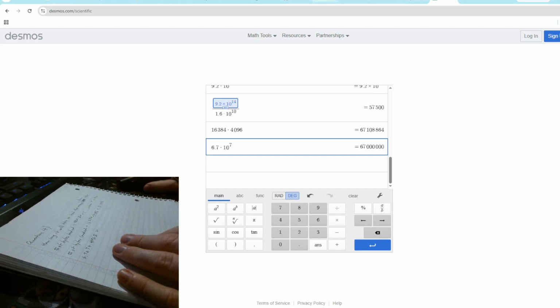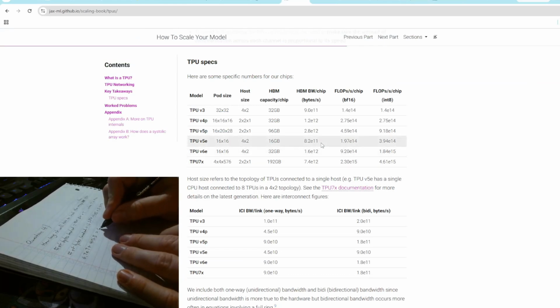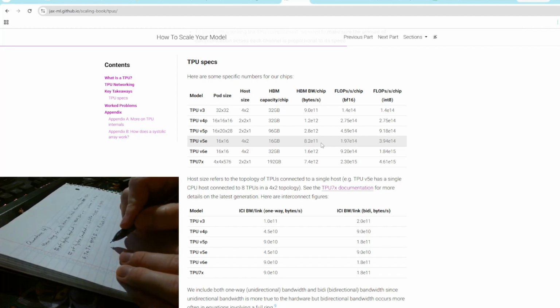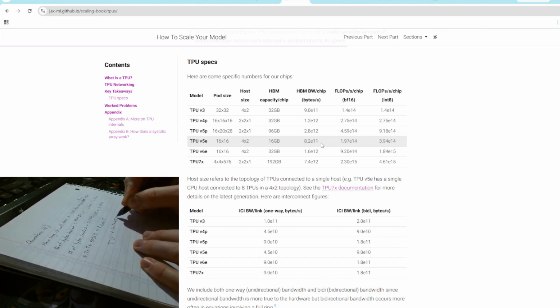8.2E11 times T, simple division. T equals 6.7E7 plus 4096B divided by 8.2E11.